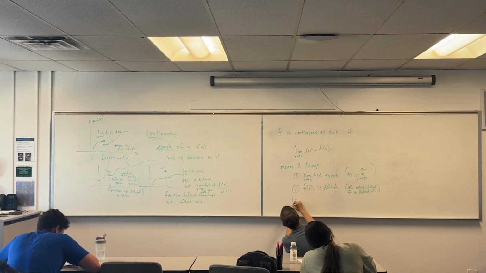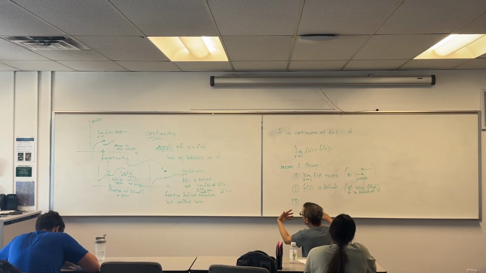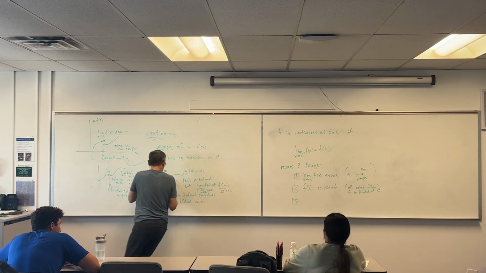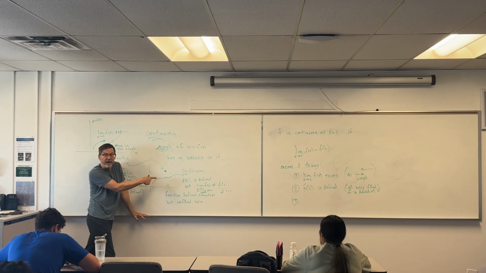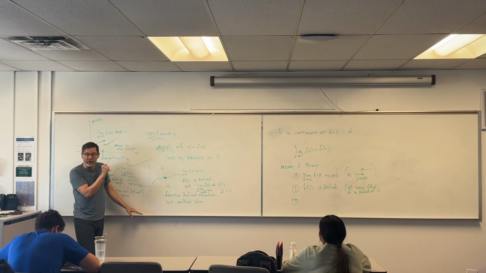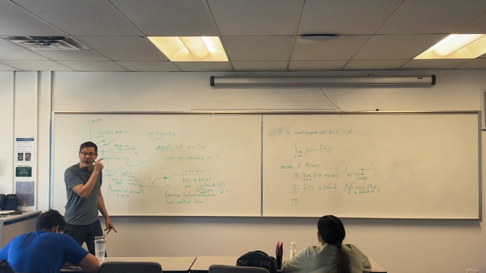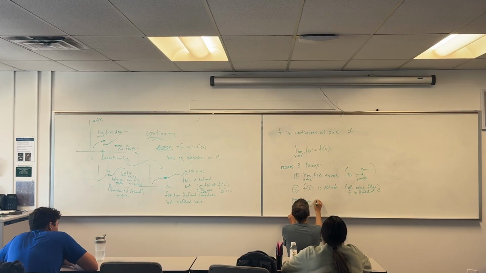And then the third thing it says is, okay, the limit exists, the function is defined, but that dang hole is filled perfectly. That the value of the function right there actually fills in the hole. That's the third thing. So the third thing is that the limit as x goes to c of f of x is actually just f of c.